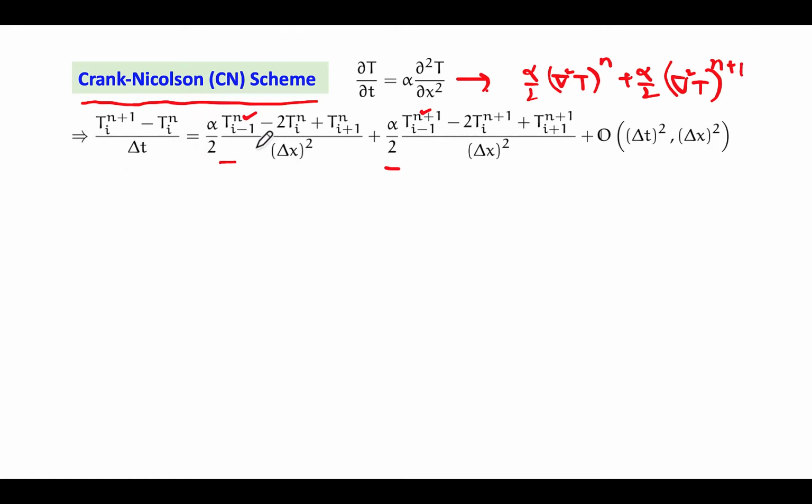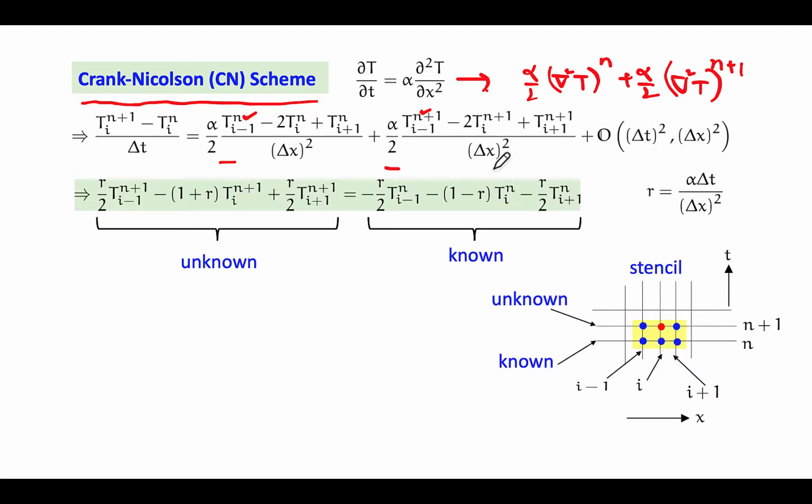So you can clearly see here that if I take all the n plus 1th terms on the left side and the nth terms on the right side, then on the left side I have this, keeping r equal to alpha delta t by delta x square.